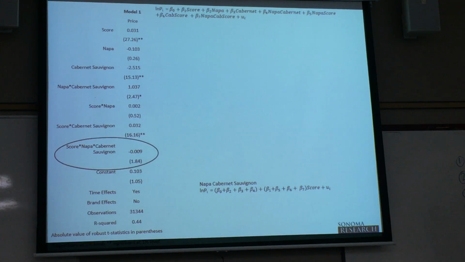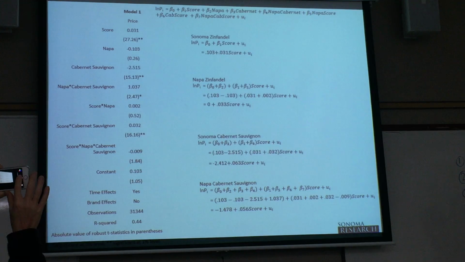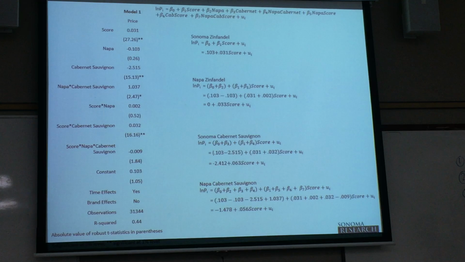And there's our Napa Cab score interaction. Add all those up. And it's pretty similar again, about 5.6%. So it looks like ratings are more important for cabs than they are for Zins. We'll address that a little bit.